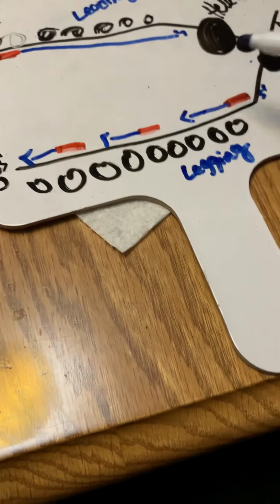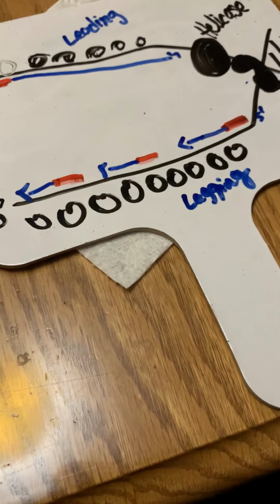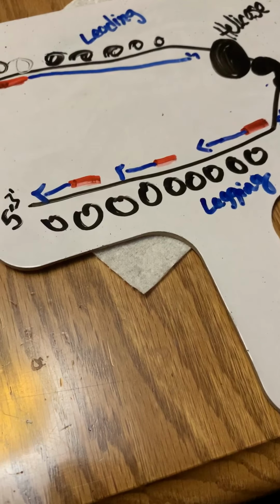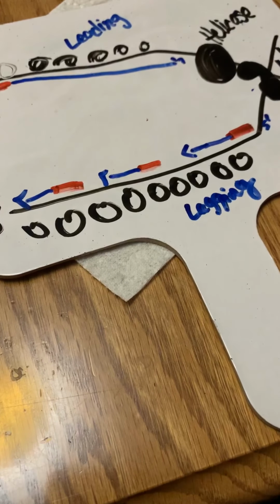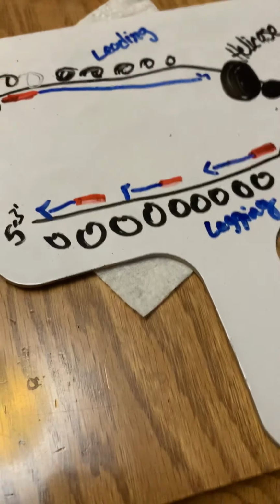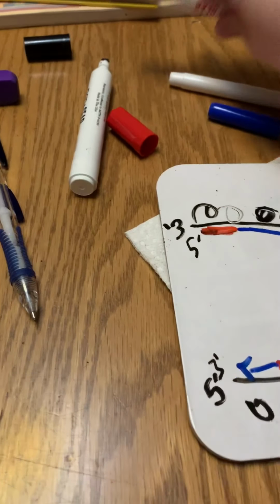Next, we want to make sure that we remove all the RNA primers. In order to do that, we add DNA polymerase 1, and it replaces the RNA primers with DNA nucleotides, so RNA is no longer left.